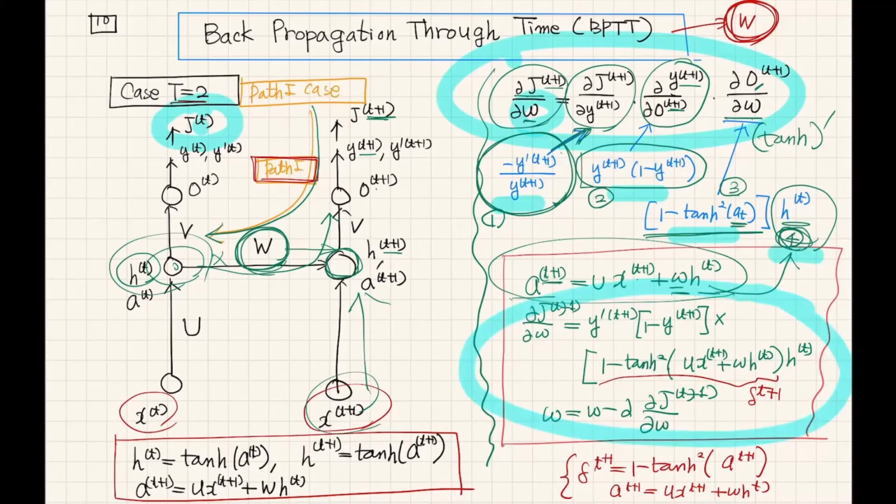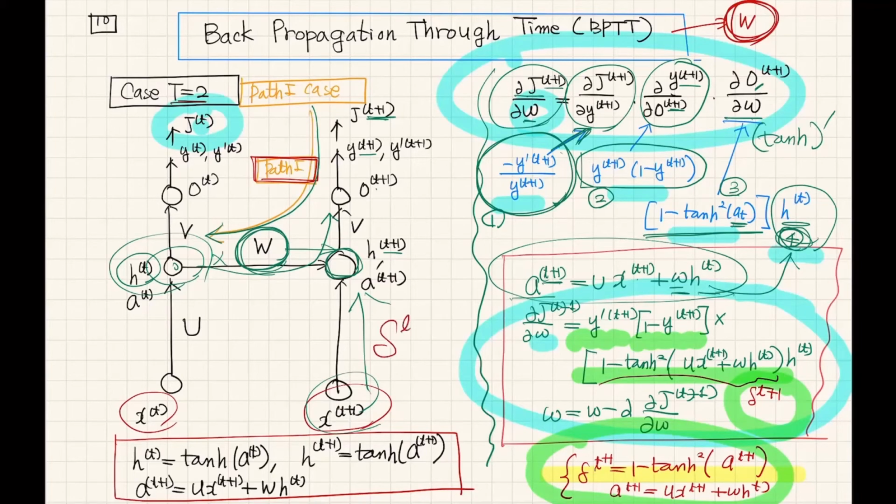The derivative of the cost function with respect to W is the multiplication of the true value and 1 minus the output function and the tangent hyperbolic function. I will define this term as delta t plus 1, that is the definition of delta t plus 1 at stage t.